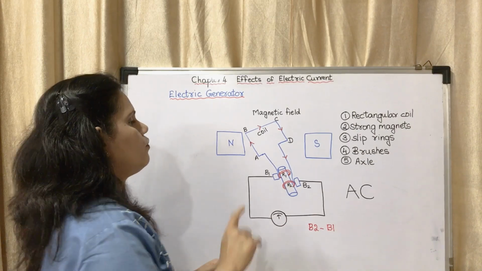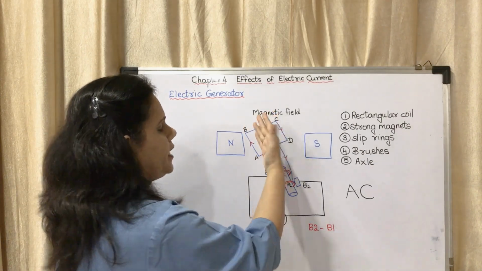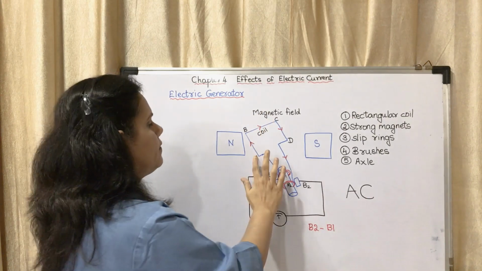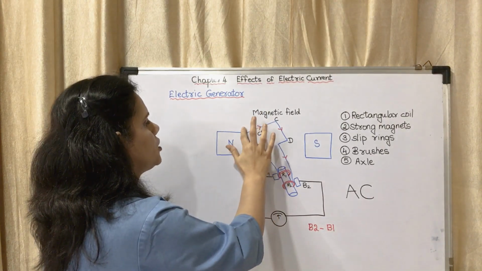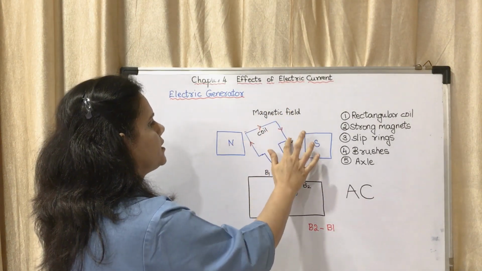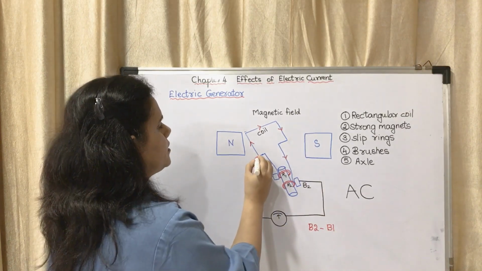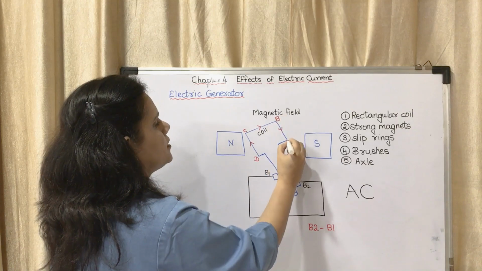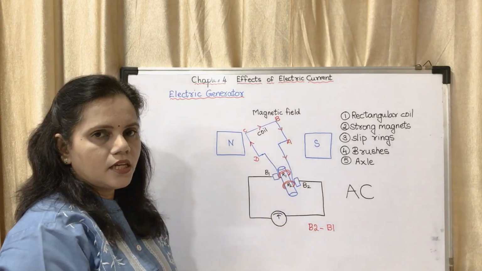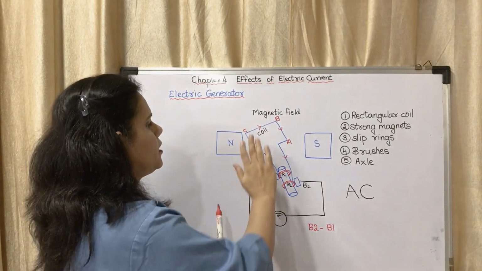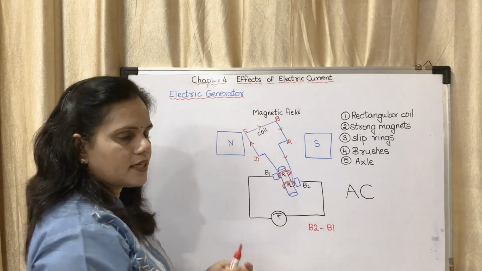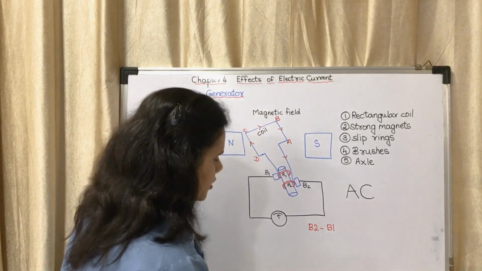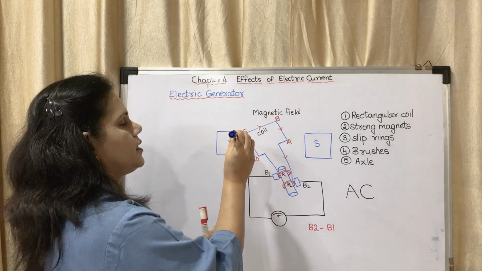Now when this comes in the opposite direction, it is moving clockwise. When this comes in the opposite direction, then D and C will come here. This is D, this is C, this is B, and this is A. So in this case also, it is coming in the upward direction. Upward direction means it is moving in this direction.